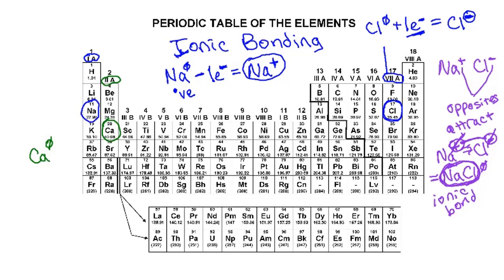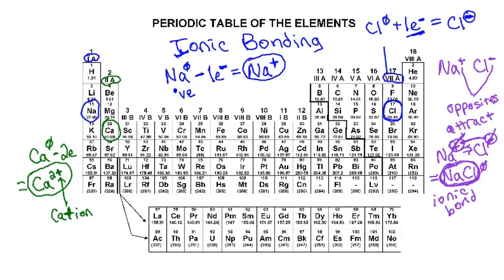So it wants to get rid of those 2 electrons. That makes calcium, when it's an ion, have a charge of 2 plus, and that's a cation because it's positive. Cat, see there's a plus in the middle of the word cation.